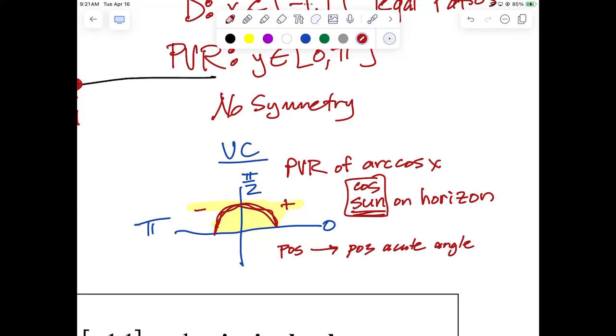But it's different for the negative. If you take the inverse cosine of a negative number, you're still going to get a positive number, but now it's an obtuse angle. It's between pi halves and pi. All right? So will arc cosine ever give you a negative angle? No. It's either positive acute or positive obtuse if it's a negative ratio to start with.